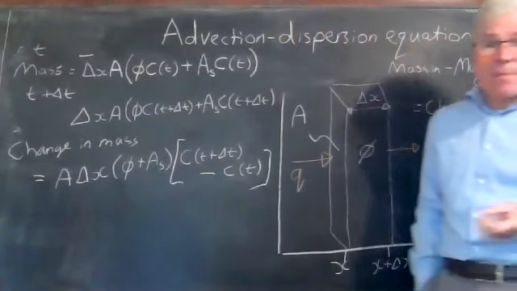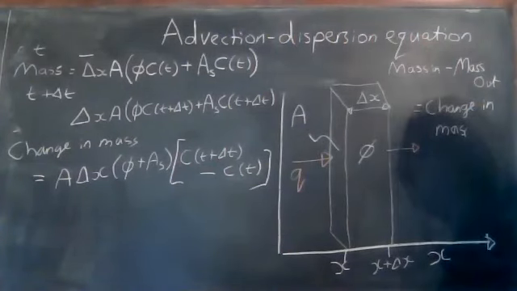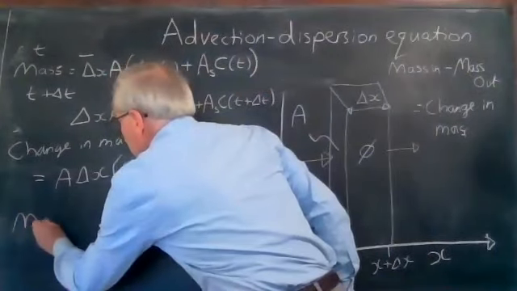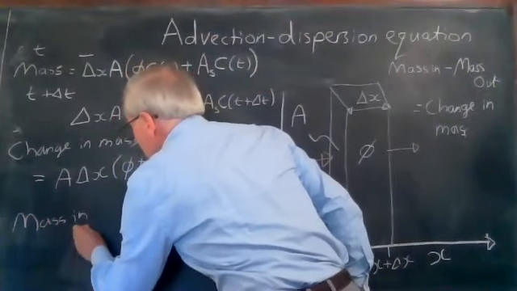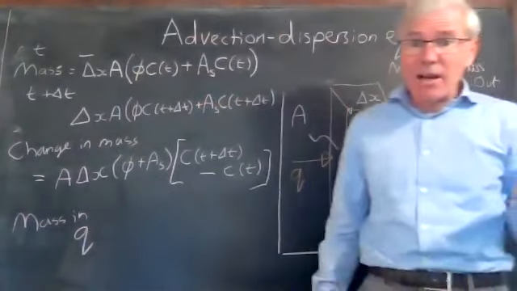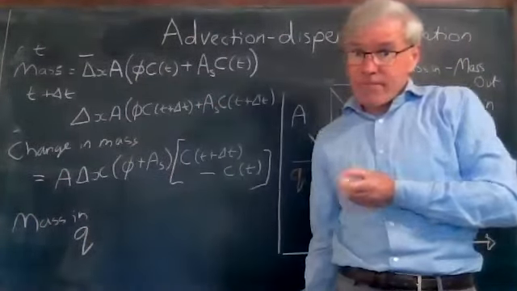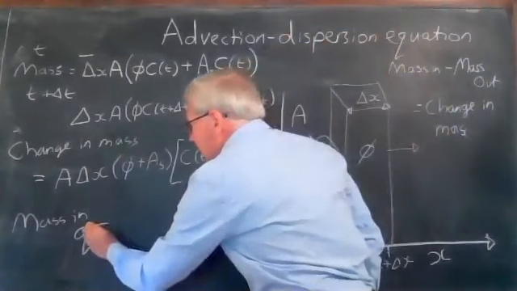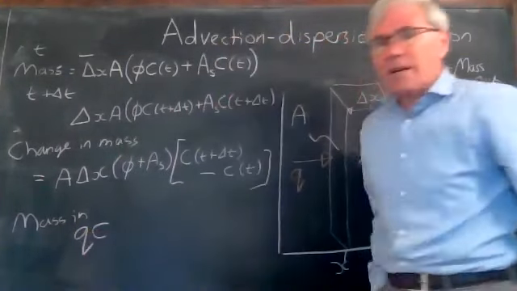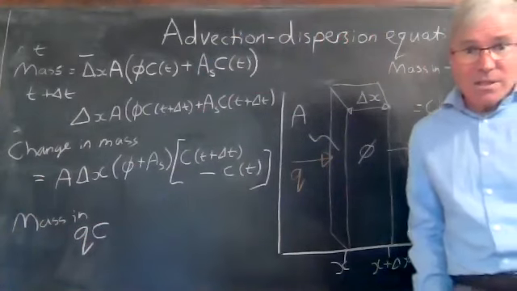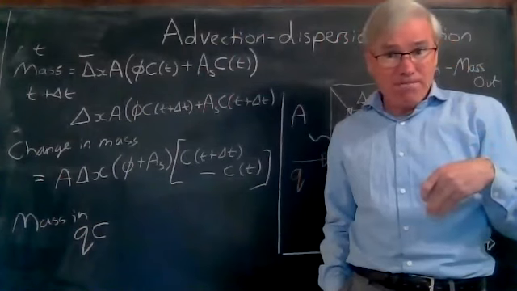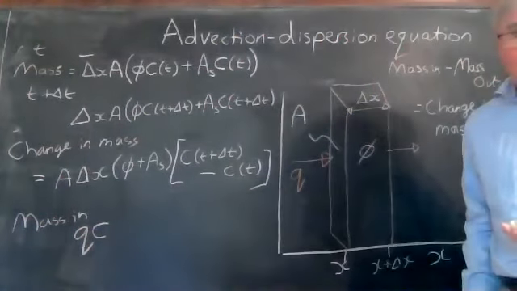Now we need to do the mass in minus the mass out. What's the mass in? What flows in? Well, just a moment, we've got a Darcy velocity q, haven't we? Mass in is q. That's a volume per unit area, per unit time. Now we're going to multiply it by C, because this is now dissolved in water. That's a mass per unit area, and it's a mass per unit volume, so we need to multiply that by the area.